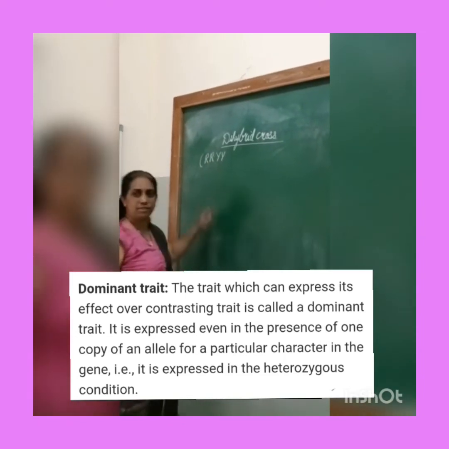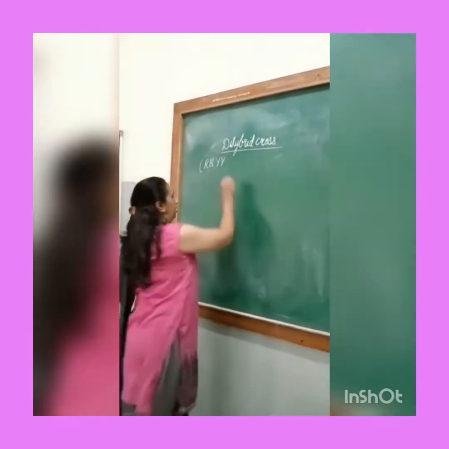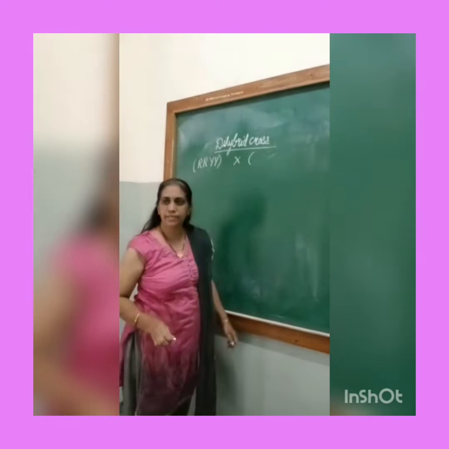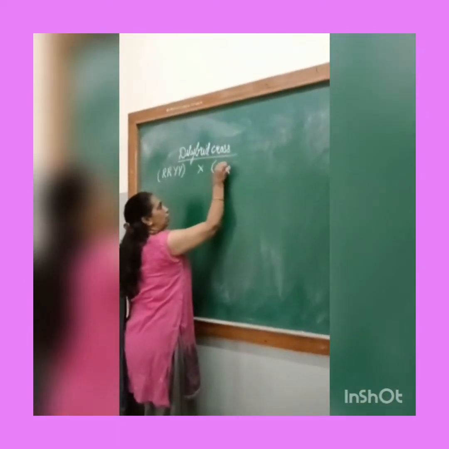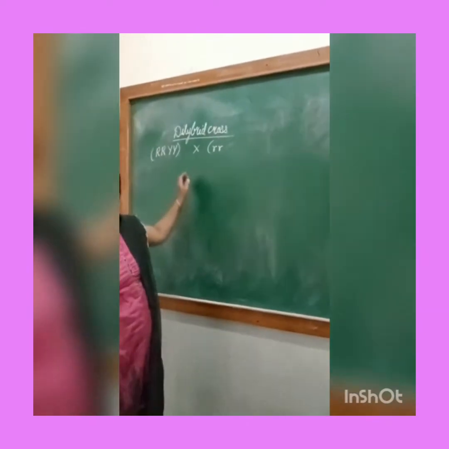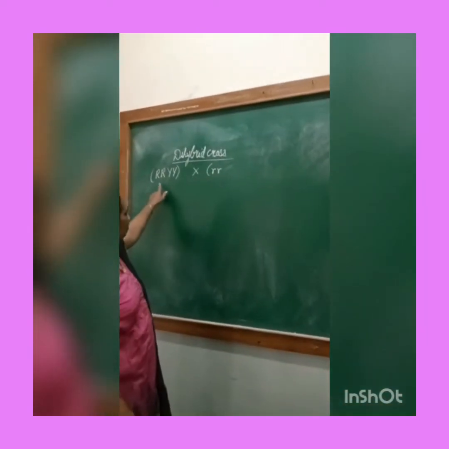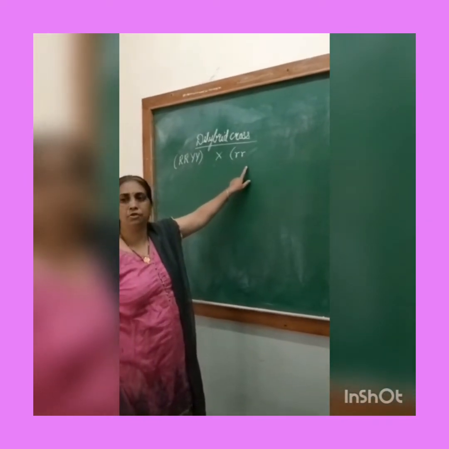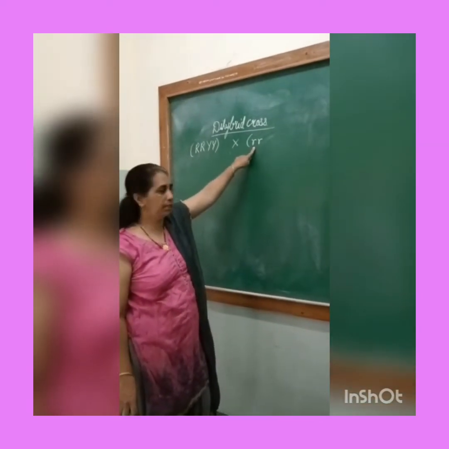The seeds which are rounded and yellow are the dominant traits. That is why when they are crossed with the homozygous recessive trait, it will be denoted by small r, rounded seed and wrinkled seed. Wrinkled seed is not denoted by W, but by a small r.